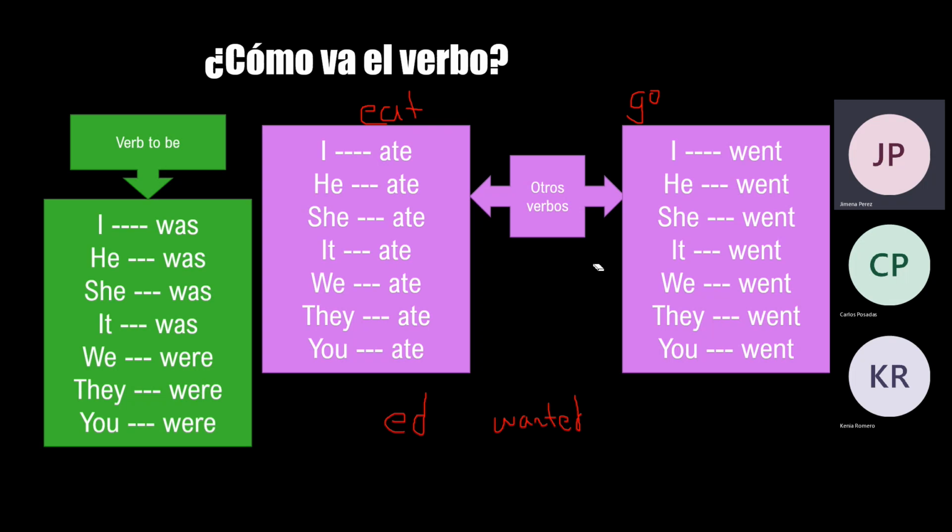Hay unos verbos que sí cumplen con las reglas, como lo vimos con los sustantivos regulares, que seguían las reglas para hacerlos plural. Y vimos que otros sustantivos son irregulares, que no cumplen con las reglas para hacerlos plural, como en el caso de oveja, serie, venado. Entonces aquí sí es necesario tratar de recordar la estructura y el verbo en pasado correcto.